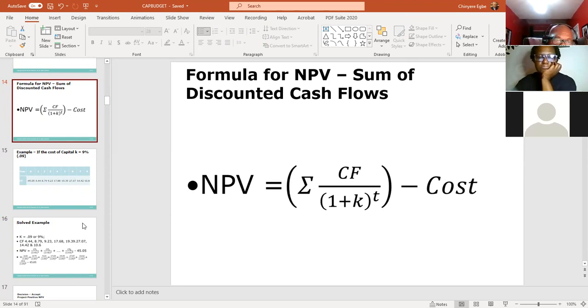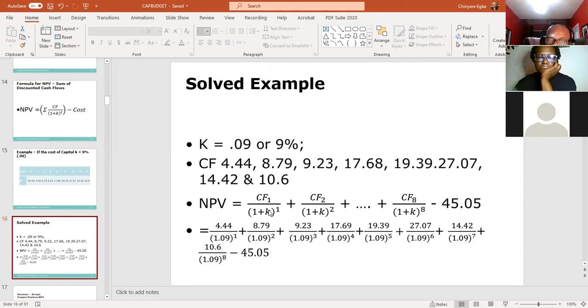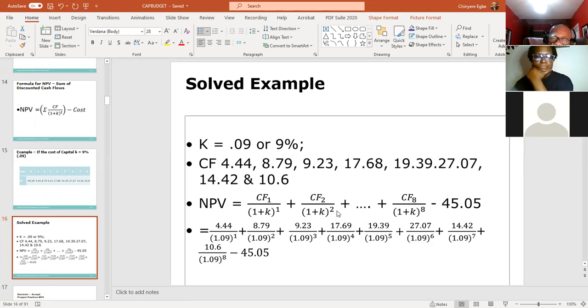And the discount is simply the cash flow divided by 1 plus K to the power T, where T is the time period, okay? So the money you're going to receive the first year, you discount by power 1. The money that you're going to receive the second year, you discount to the power 2. And the money that you're going to receive in the 8th year, you discount to the power 8, for the 6th year, the power 6, and so forth and so on. And so, like you see here, we go from 1 to 2 to 3 to 4 to 5 to 6 to 7 and to 8. All right.